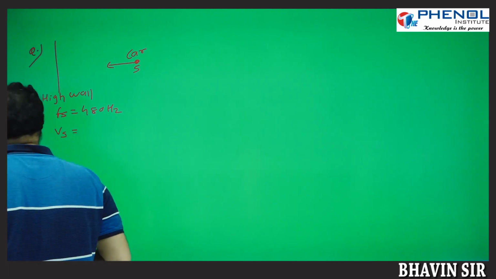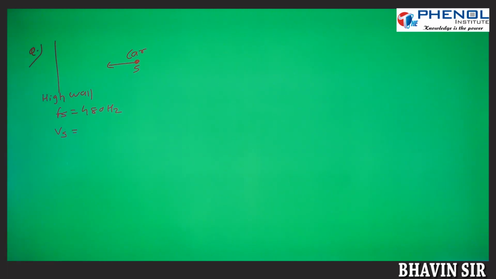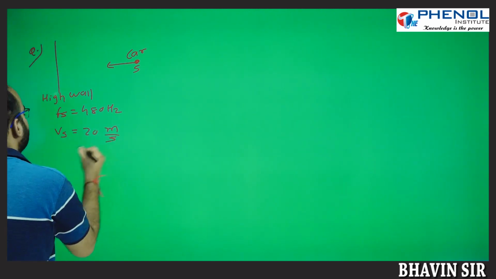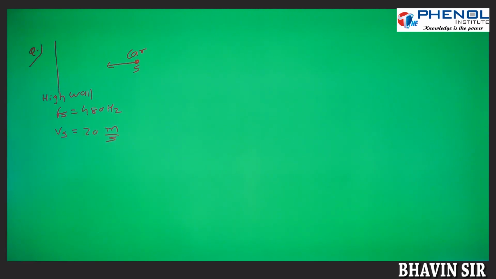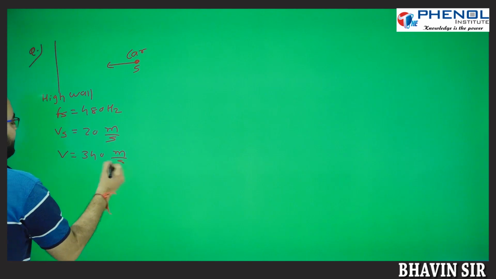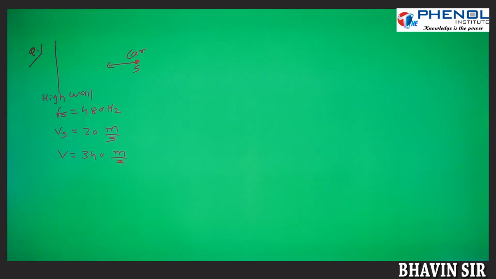What is the speed of the source? 20 meter per second. If the speed of sound is 340 meter per second, what is the speed of sound? 340 meter per second. Find the frequency of the reflected sound heard by the man sitting in the car.